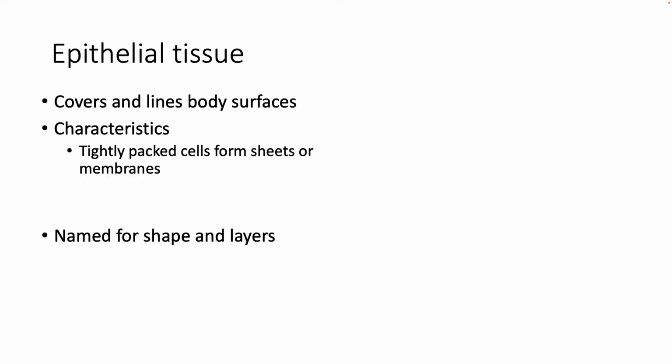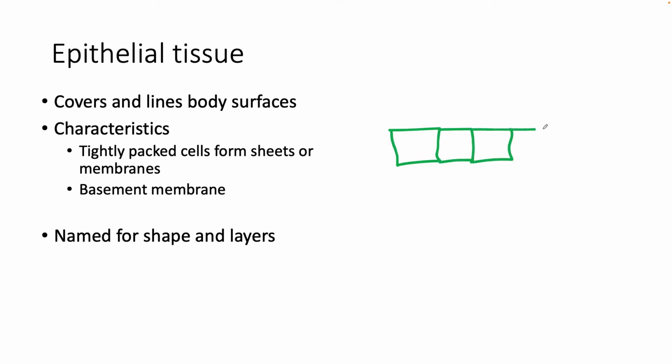So those cells are held down onto a basement membrane. If I were to draw this out, I could draw a bunch of cells. You see how they're all right next to each other? And they're held together, maybe by adhesion junctions, so that nobody's going anywhere.